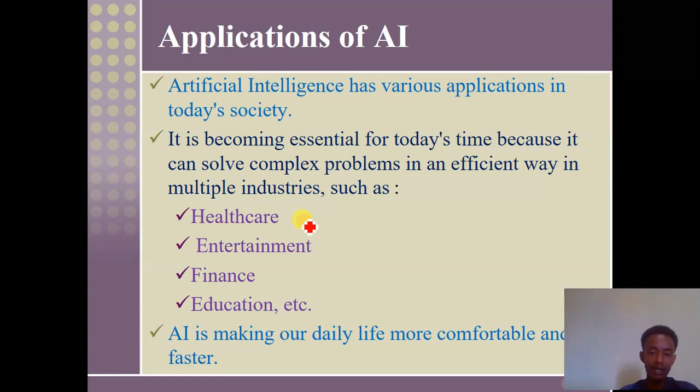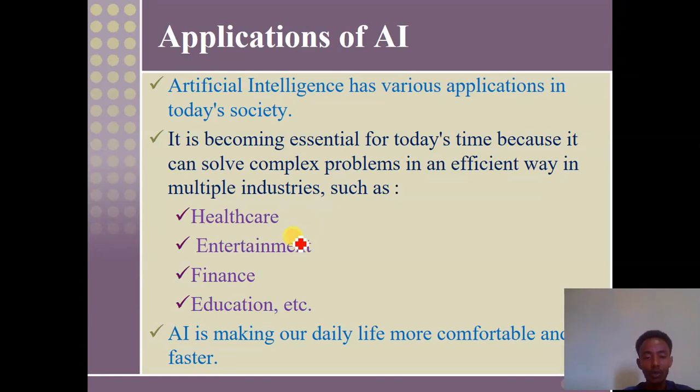In healthcare, the healthcare providers may use different applications, different artificial intelligence concepts or devices in order to diagnose diseases and to treat the patients.